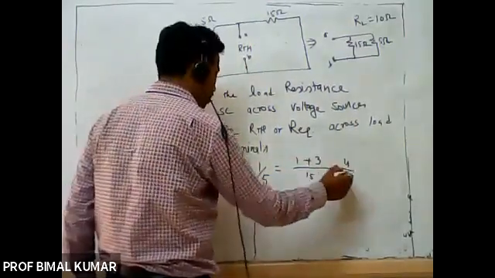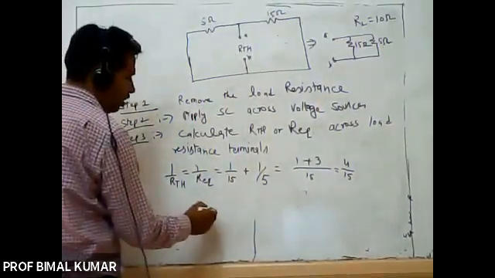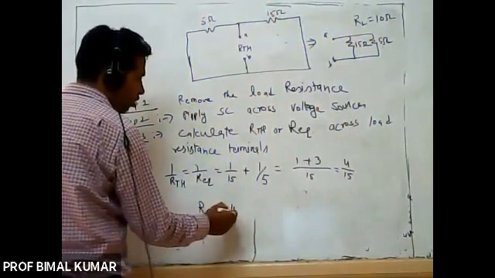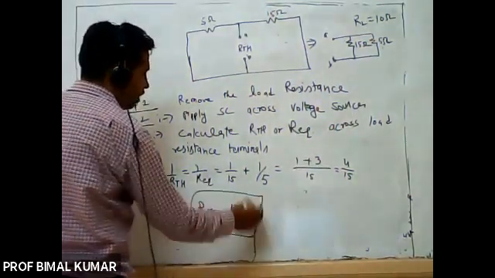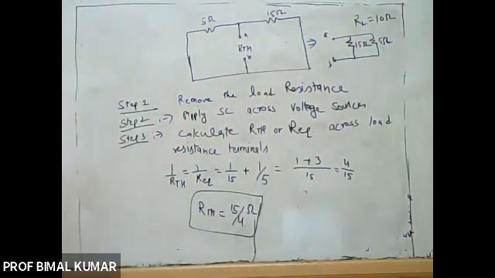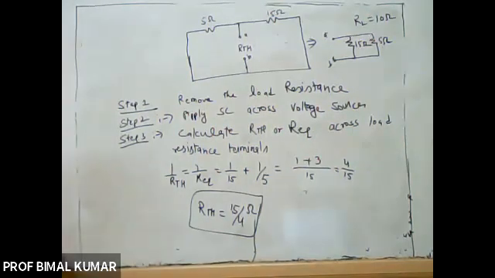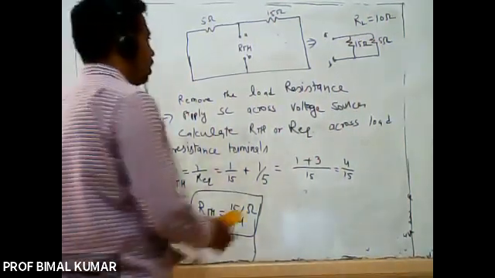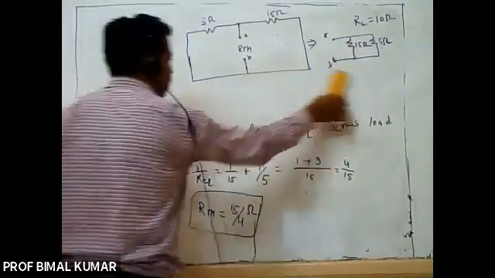So 4 by 15, or R Thevenin, that will be equal to 15 by 4 ohm. R Thevenin for this circuit, that will be equal to 15 by 4 ohm. Right? Now next step is again place all the energy sources in the network.